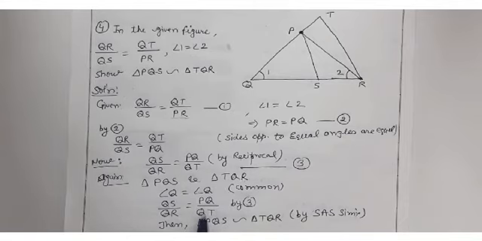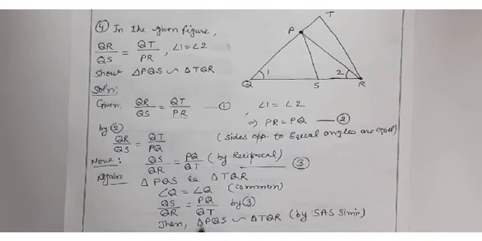So these two triangles will become similar. PQS is similar to TQR by SAS similarity.